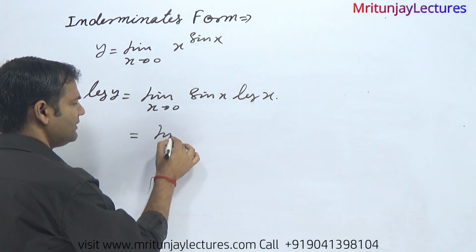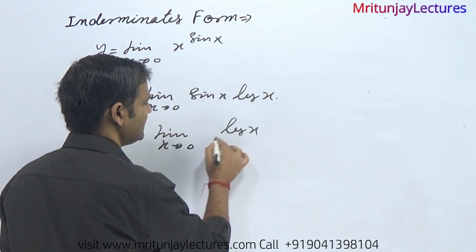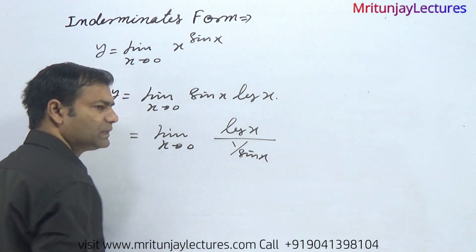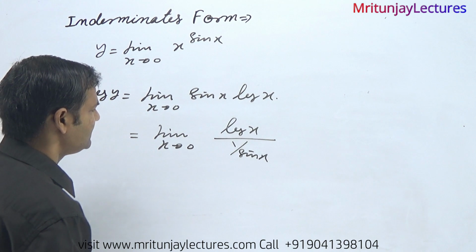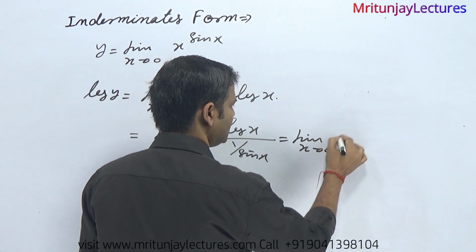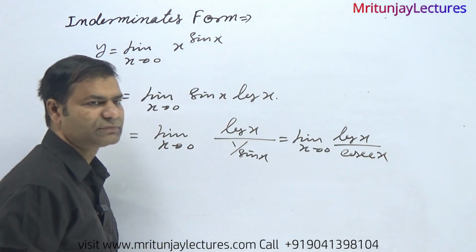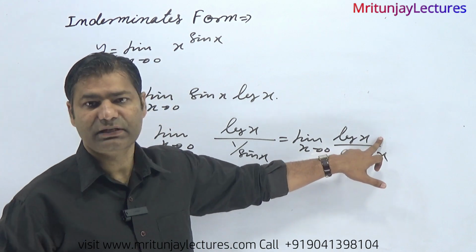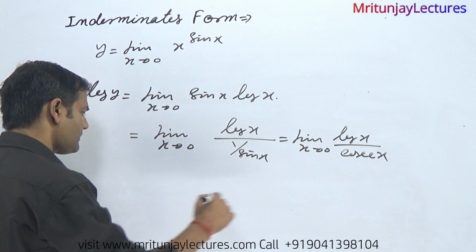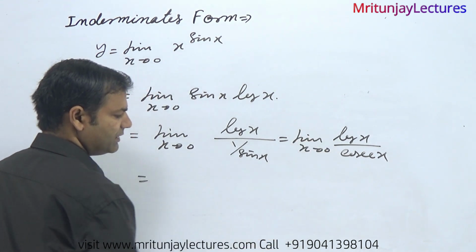It is also written as limit x tends to 0 of log x divided by cosec x. If x tends to 0, it is infinity by infinity, so apply L'Hospital rule.